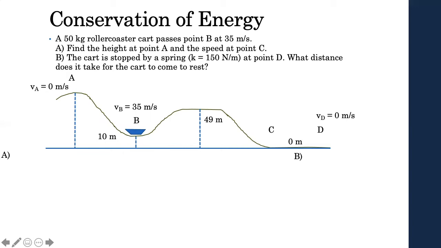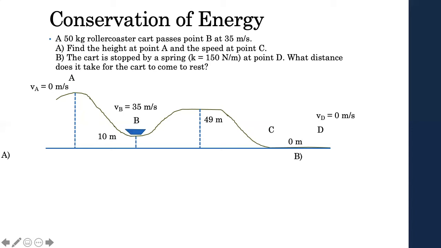So let's start on A and see if somebody can tell me the height at point A, or better yet, if somebody could tell me without numbers, just plain and simply, how to even go about thinking about this kind of problem. Yeah, you're absolutely right. For those that didn't hear, the total mechanical energy at points A and B are the same.